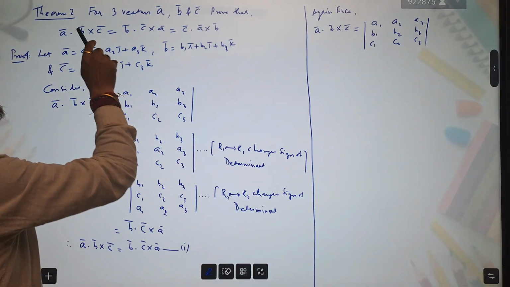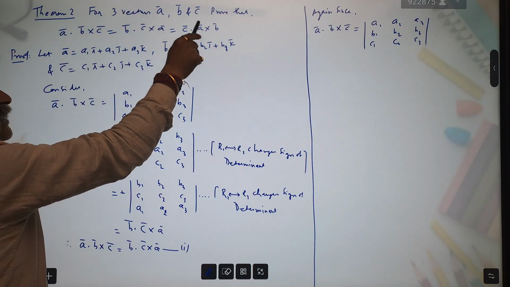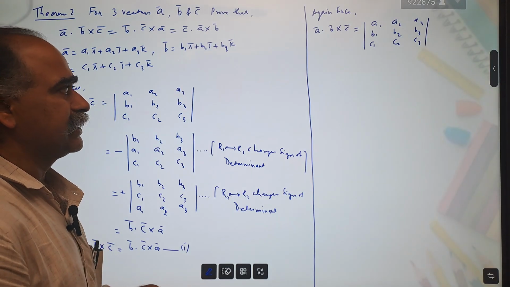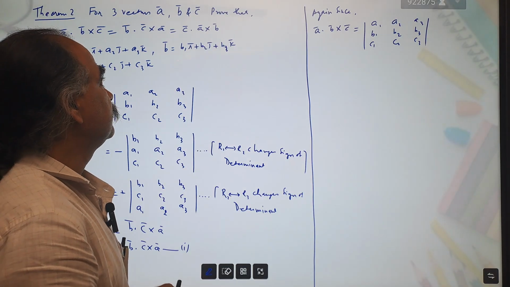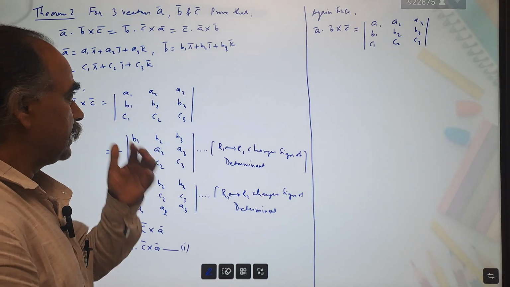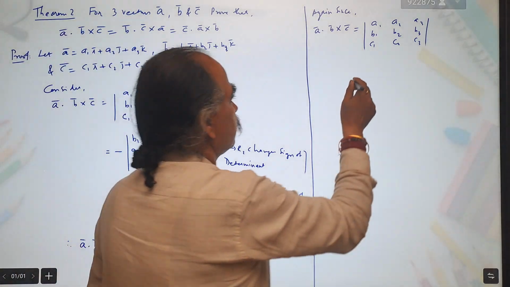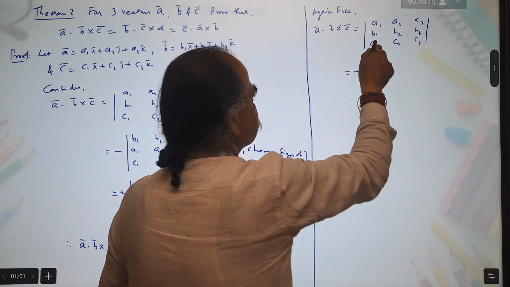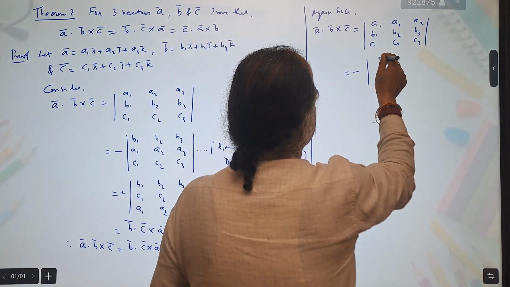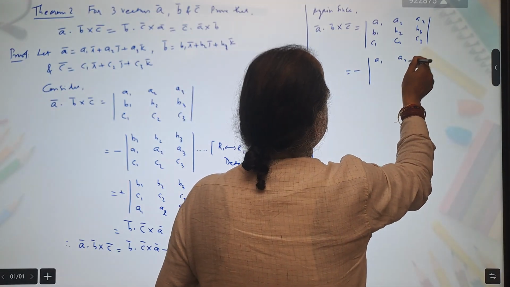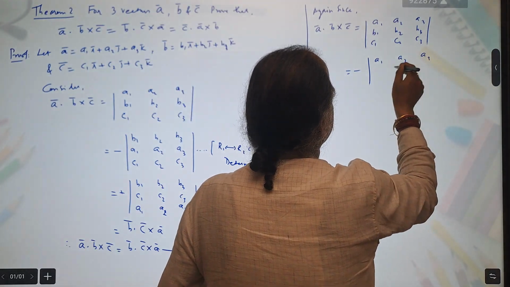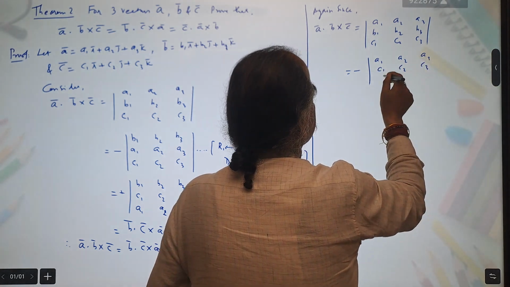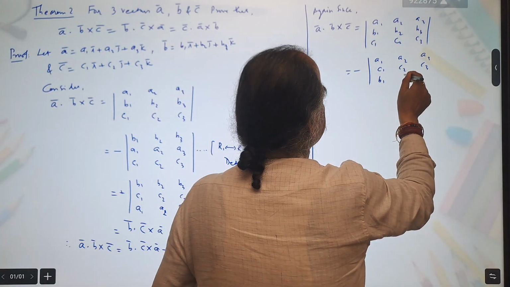Now we have to prove this is equal to C dot A cross B. C dot A cross B means we want B bar at the end, C bar in the first row and A bar in between. So minus, we will interchange R1, R2 and R3. A1, A2, A3 will remain as it is. C1, C2, C3 and B1, B2, B3.